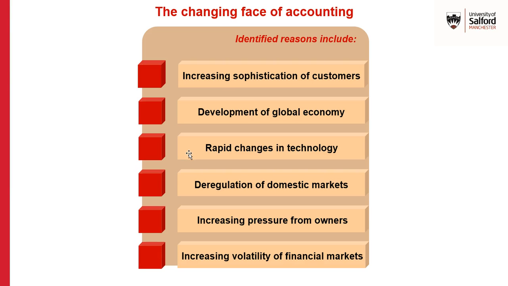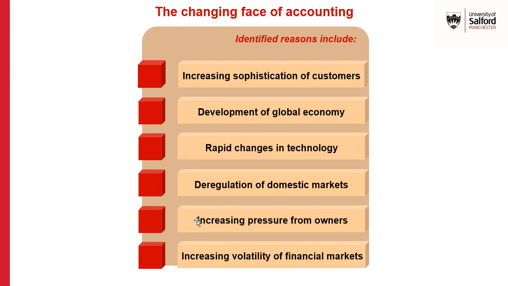And these are fundamental questions on what is going to happen in the future. Deregulation of domestic markets. Well, multinational companies can't operate unless domestic markets are open to the outside world, and that involves deregulation.